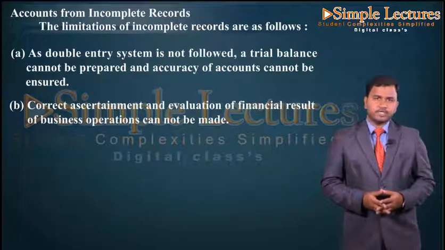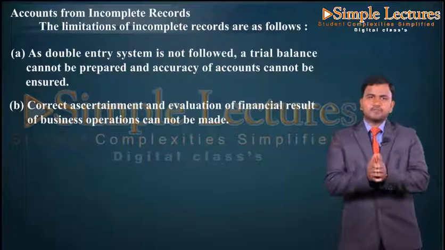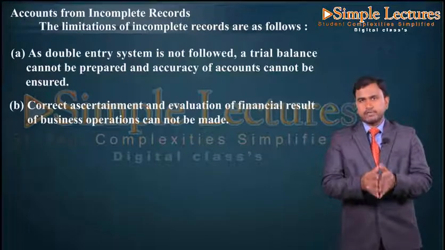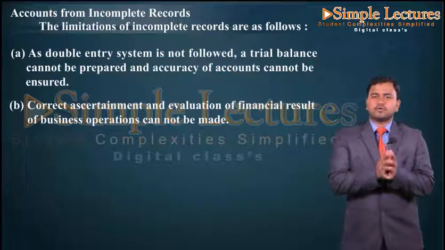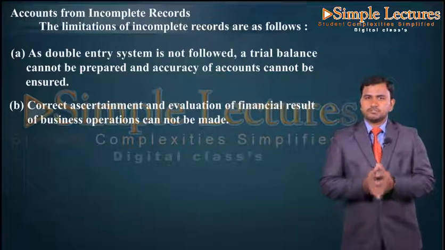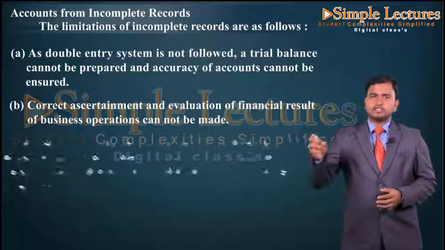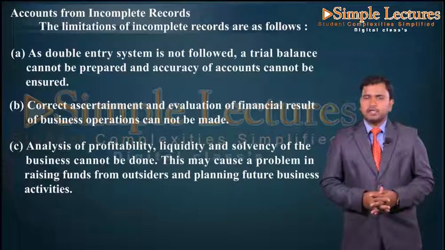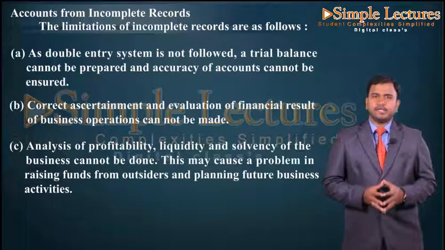It is very clear that when the records we have maintained are themselves incomplete, we cannot find the financial result and we cannot evaluate the business operations we have carried out.